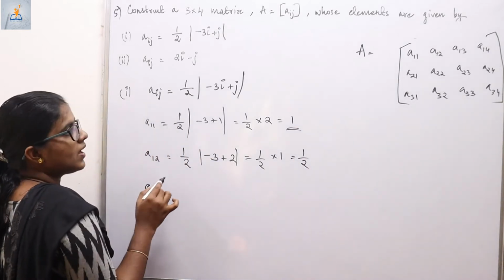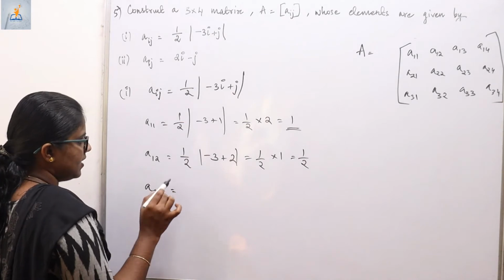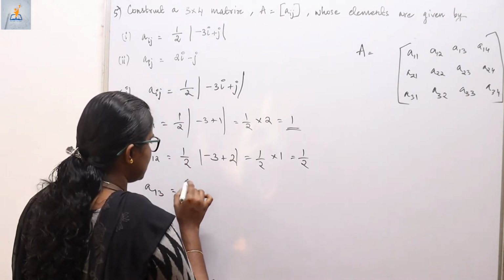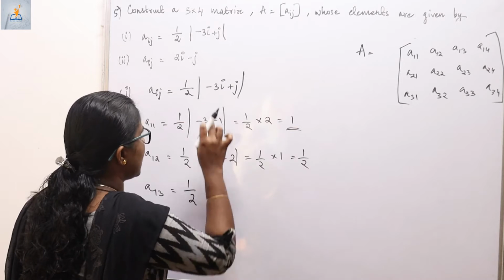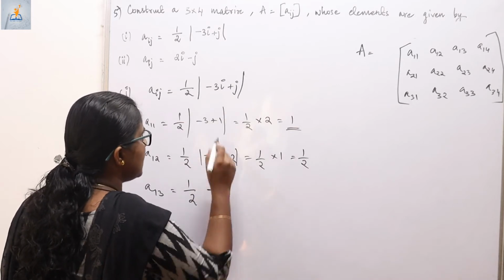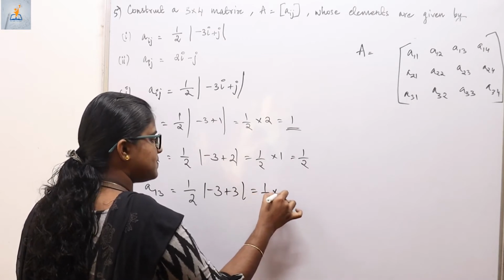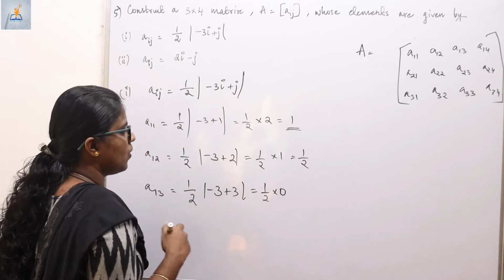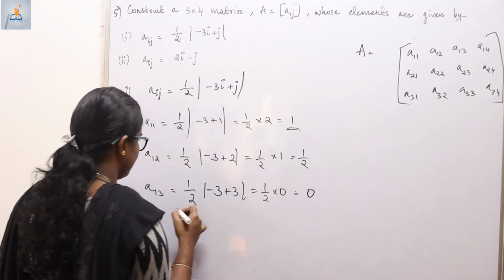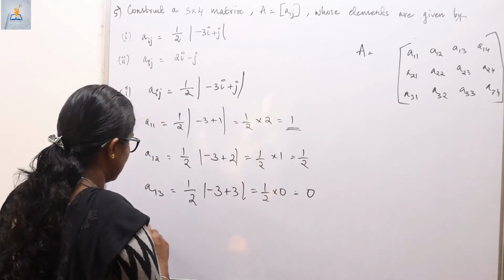So moving on, we have A13. So what is A13? A13 is nothing but 1 by 2 times negative 3 plus 3, which is going to be half times 0. Negative 3 plus 3 is 0, and the answer is 0. So we got it like that.